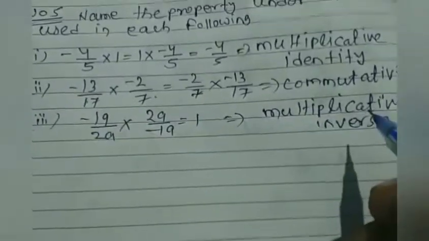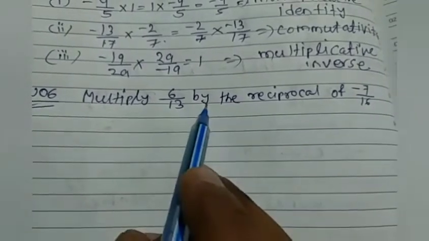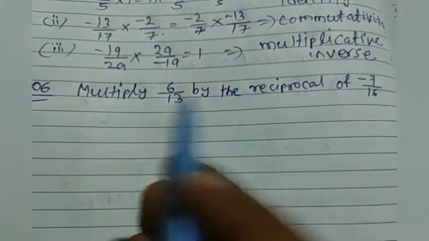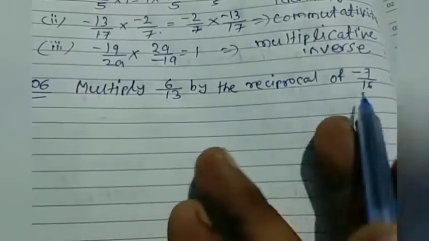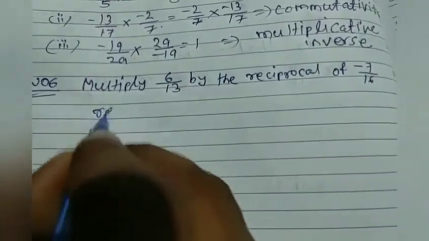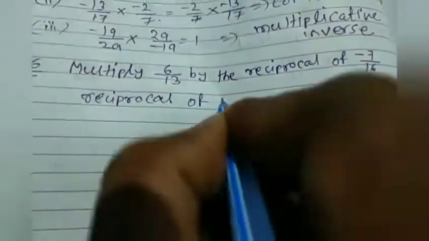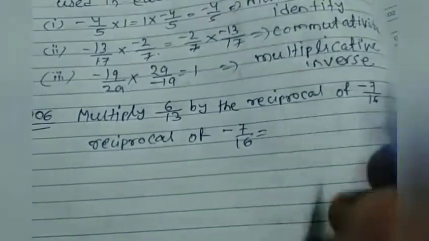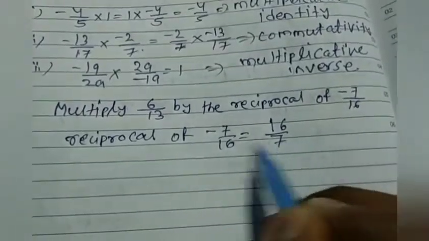Okay, the 6th question is to multiply 6 by 13 by the reciprocal of minus 7 by 16. So we have to multiply 6 by 13 with the reciprocal of this. First find the reciprocal. Reciprocal and multiplicative inverse are the same. Reciprocal of minus 7 by 16 equals, changing numerator and denominator, 16 by minus 7.